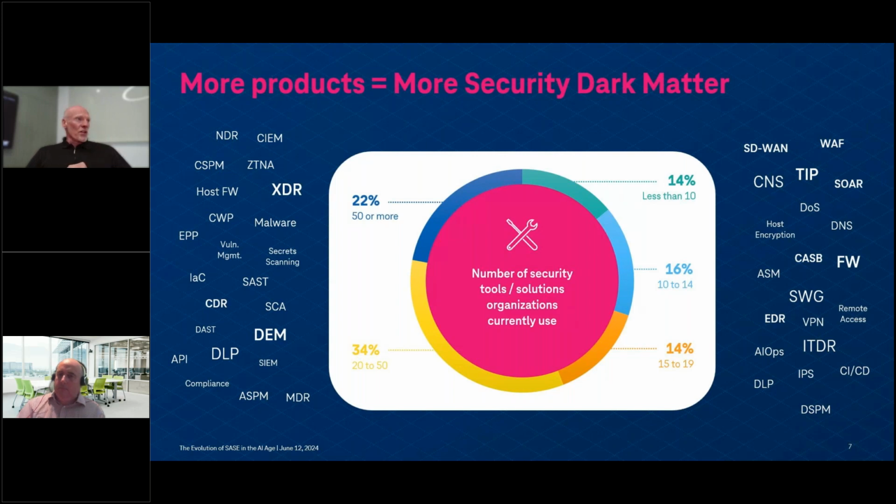But then there's the question, why should we care? Why should this make any difference to us at all? Well, as security practitioners, this is now a threat vector. Because of all the gaps that exist between those products, you've got separate policies, separate data, separate management. Hackers and malicious actors are exploiting those gaps.